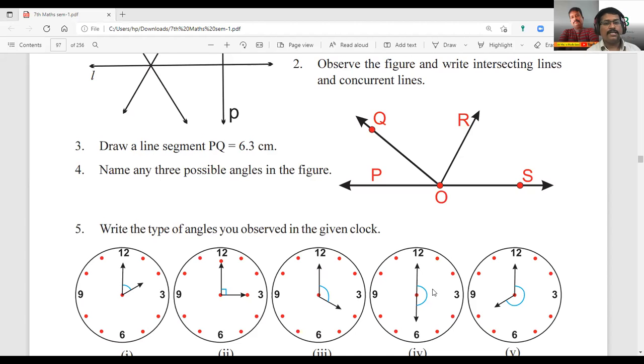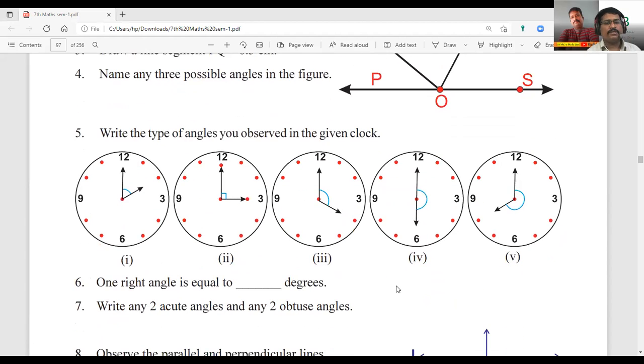One minute, Nana. I'm going to share. Write the types of angles you observe in the figures given below. So at 3 o'clock it is 90 degrees. No doubt about that. Okay, Nana. So it is less than 90 degrees.